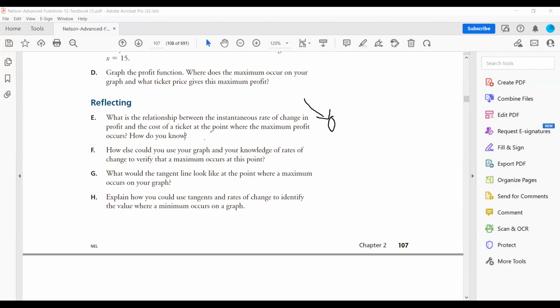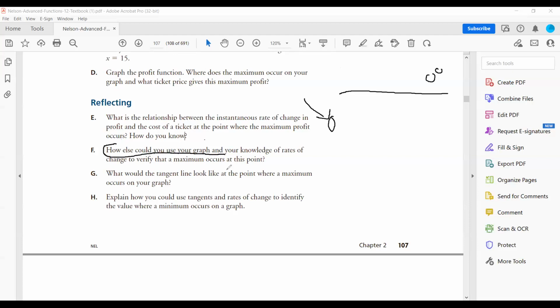How do we know that the instantaneous rate is traveling to 0? First of all, the tangent line would be horizontal, which means it has a 0-degree angle, which means the rate of change is 0.